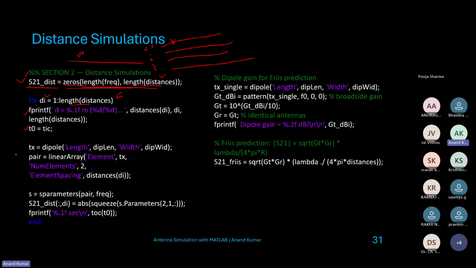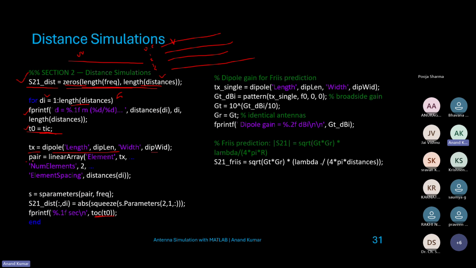We're starting a timer just to see how long it takes to run the simulation. The tic and toc calculates the time difference, so you can ignore this. If there's any part of the code that you think is taking longer, you can use tic and toc. And then we create the dipole element with dipole length and dipole width.